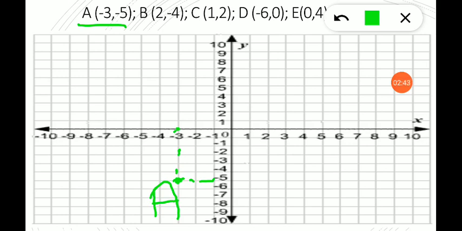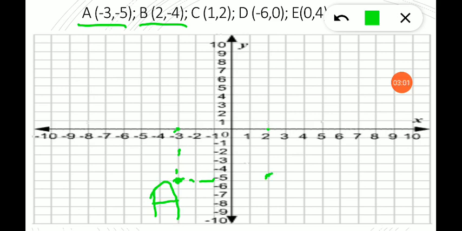Now moving towards point B, given that point B is (2, -4). So 2 is x here, and -4, down one, we will come here.